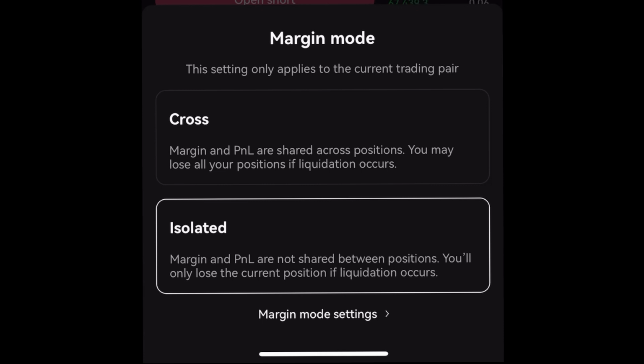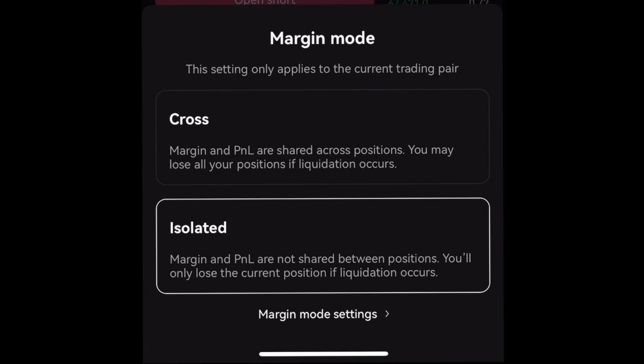Your exchange could take some part of the remaining balance in your account to fill in for you in your trade so that the trade can continue and you have a new liquidation price. So cross margin means the exchange would cross into your balance to fill in your margin if the trade is going around your liquidation price.